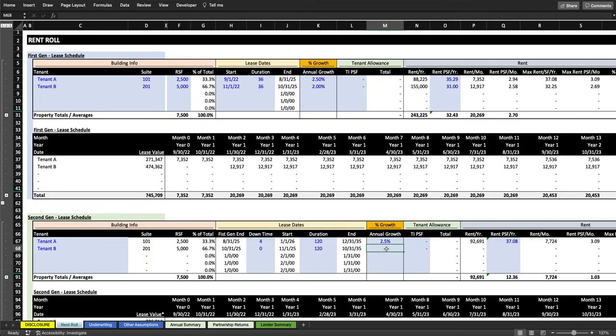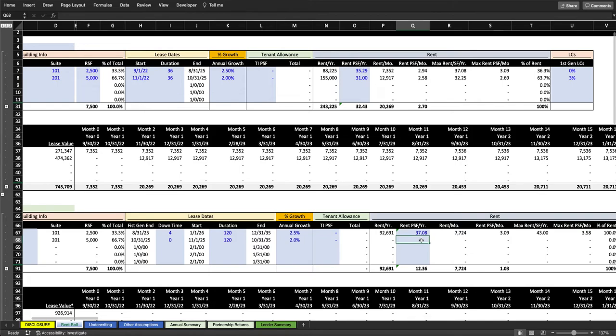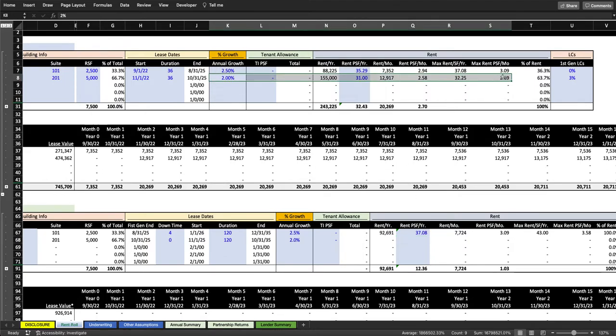You could plug in the same amount of annual growth, and then also rent per square foot. Again, this is going to be the rent per square foot per year. And based on the growth over here, you'll see the maximum rent per square foot per year that they're paying is $32.25 when that other term expires.